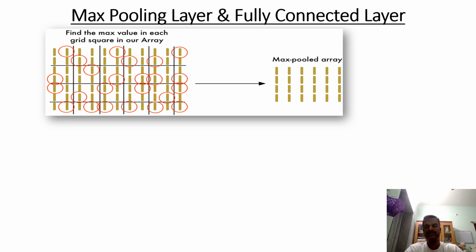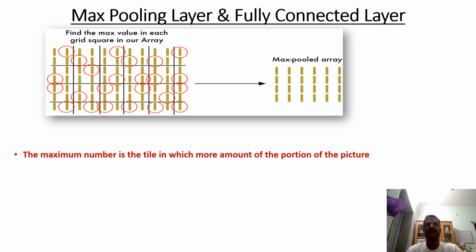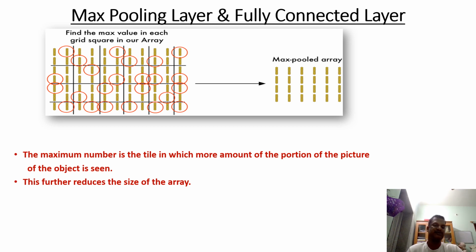Those features will be retained, and all the other 3 will be removed. In this case, you can see a feature reduction of 1:4 is obtained through the max pooling layer. So this reduces the size of the array, and the probability of having a practically feasible method is higher if you follow this concept of max pooling.